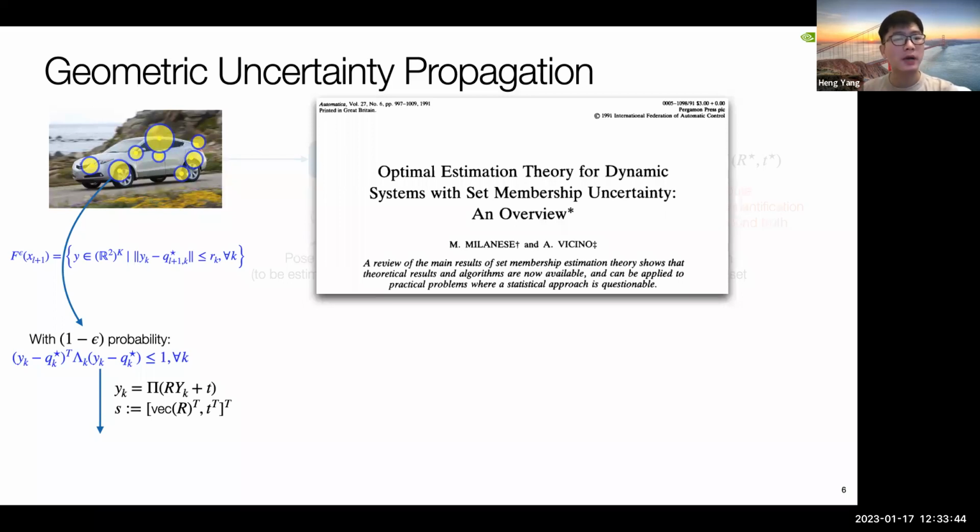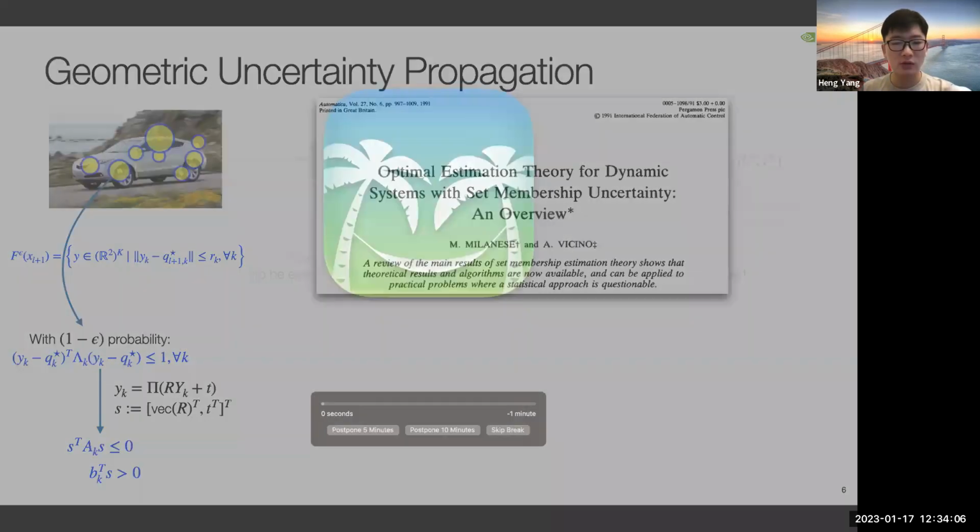But instead of optimizing it, here we're just writing it down, and then we're going to rewrite this inequality constraint now in terms of my model S. The S here is the concatenation of the vectorization of R and the 3D translation, which will be a vector of 12 numbers, right?